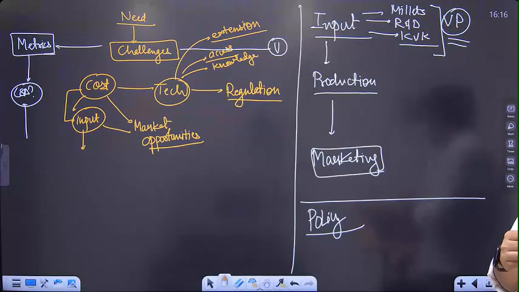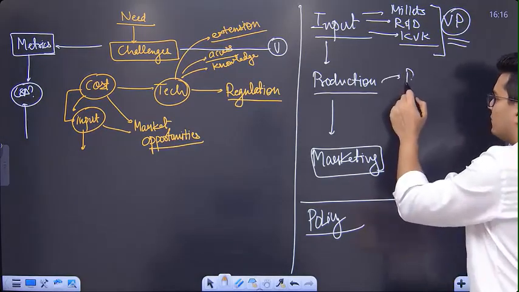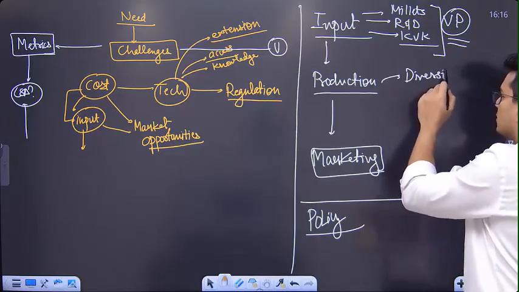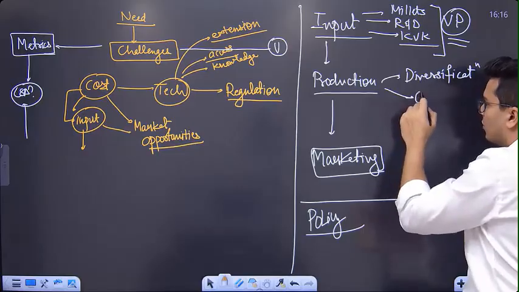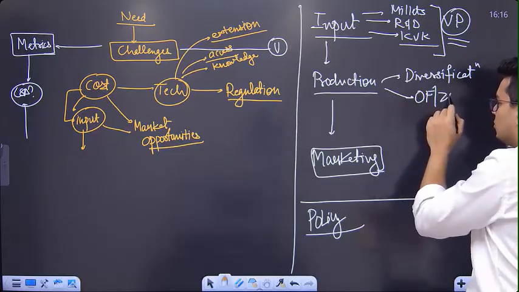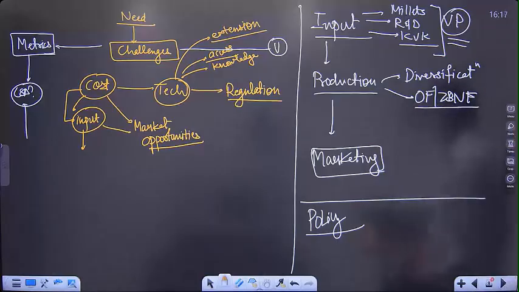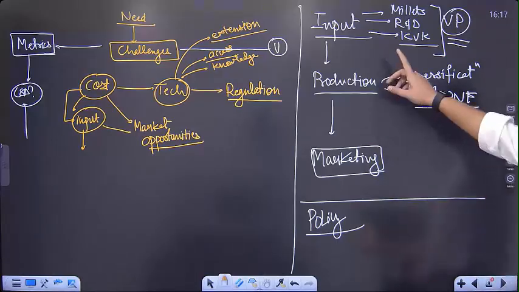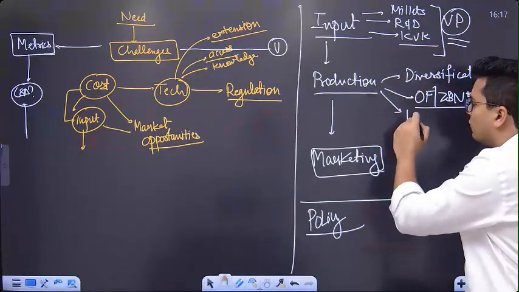Then when it comes to production, they say that there is a need for diversification in agriculture. There is a need for going for organic farming and zero budget natural farming. They also say that production, while going for these things, cannot forget about the issue of food security.